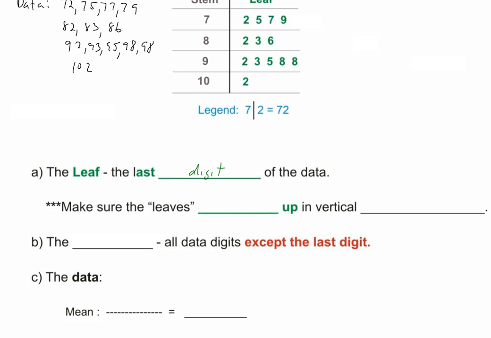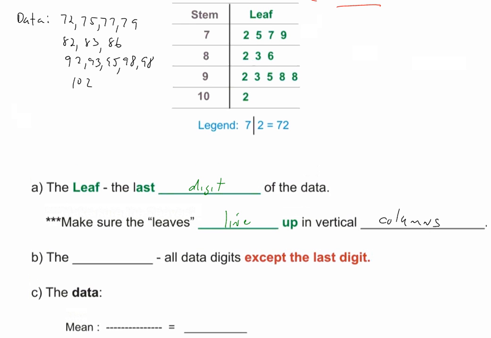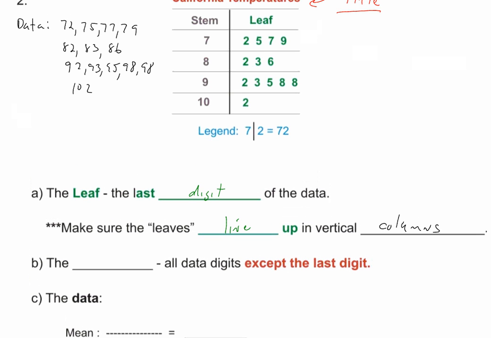Now, when you're making a stem and leaf plot, you got to make sure the leaves line up in vertical columns. You sloppy people, you're going to lose points on your stem and leaf plot because you don't line things up. It's important that the leaves are lined up because, listen to me now, what is the main purpose of a stem and leaf plot?